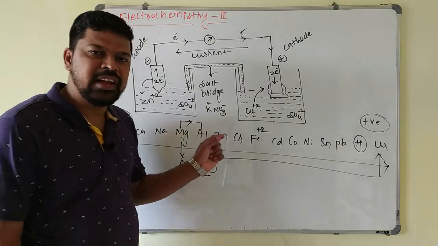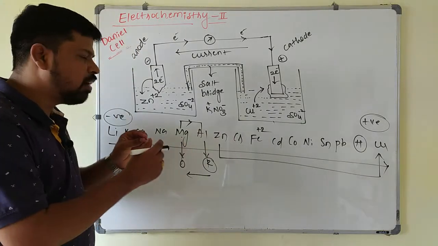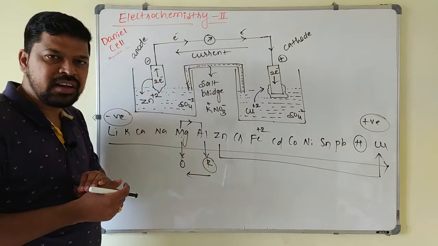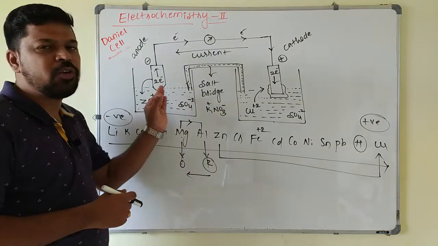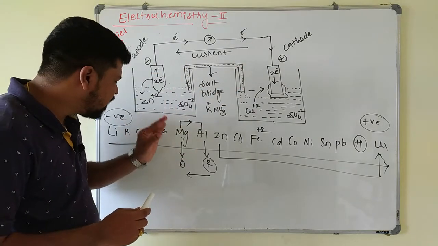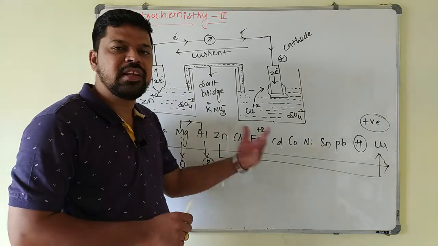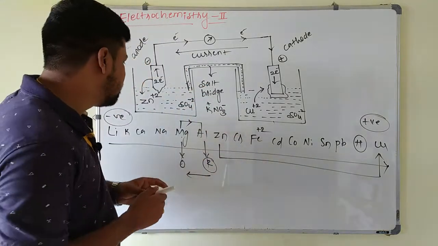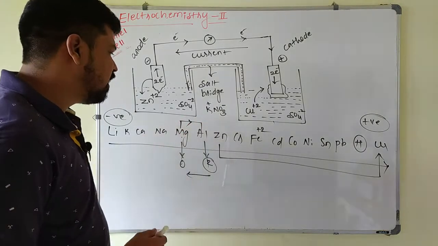For any two elements in the electrochemical series, if you take their single electrodes and couple them with an external conducting wire, then always the electrons will flow from anode to cathode, and current will flow in the opposite direction. With the help of this electrochemical series, you can identify which is undergoing oxidation and which is undergoing reduction. This is how you can construct a number of electrochemical cells, that is, galvanic cells.